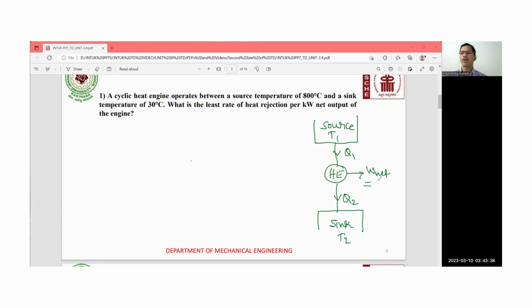So this W net is equal to Q1 minus Q2. If it is a Carnot heat engine, then the efficiency is equal to W net divided by heat supplied.